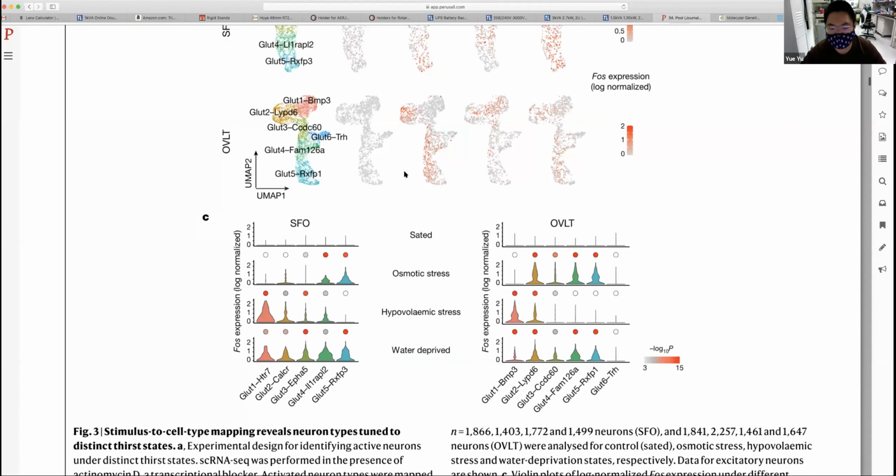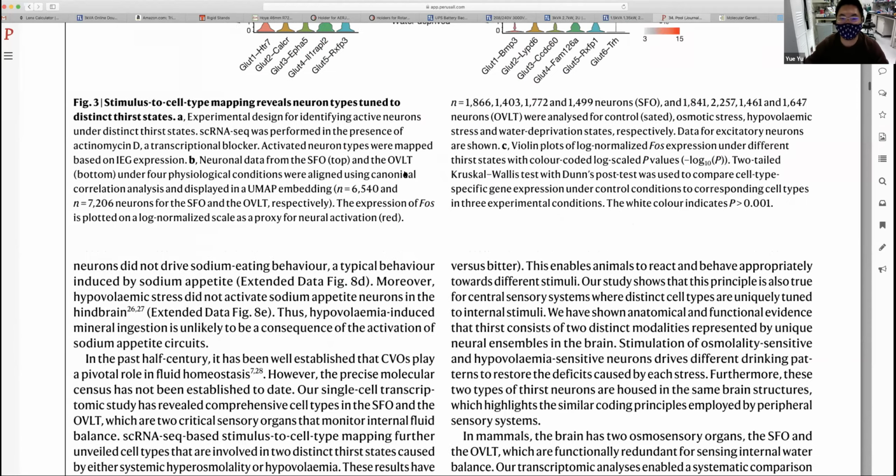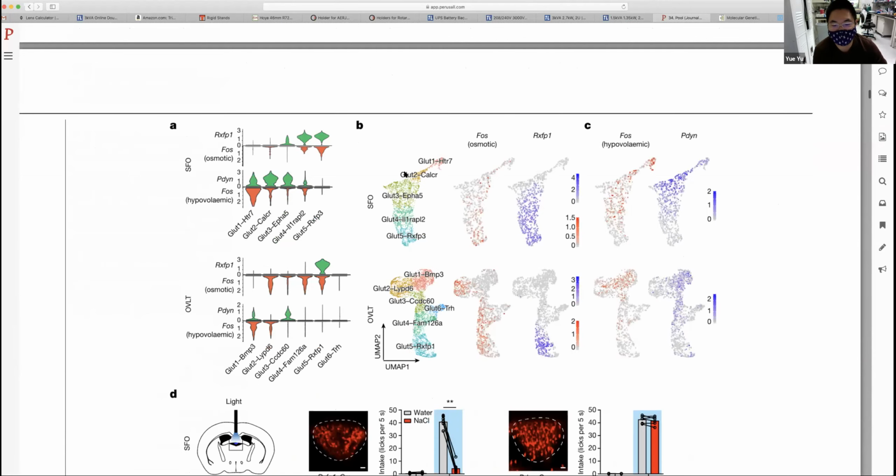So here they are trying to find a marker that can approximately be consistent with the expression patterns in each region, representing either the osmotic or hypovolemic conditions. So that's why in A, they find that the RXFP1 looks pretty similar to the, or I think, is this region specific or is it condition specific?